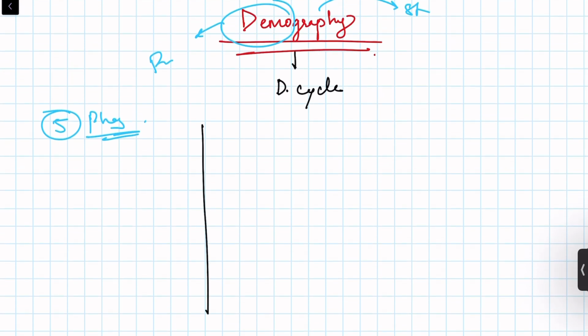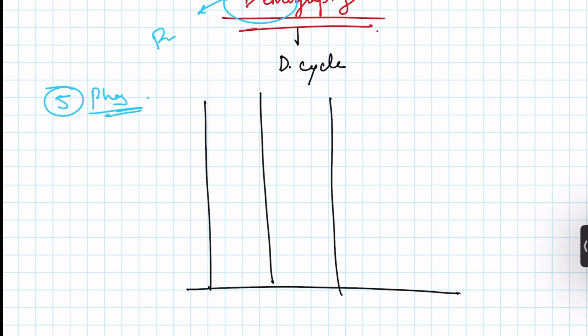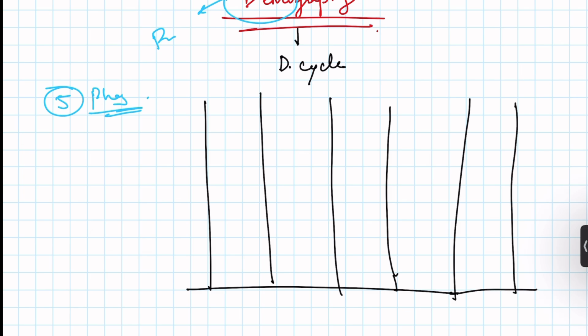So consider this as the graph. Let's draw 1, 2, 3, 4, and 5. 5 phases. Let's see what the phases are. Birth rate, in green, I'm drawing the birth rate.